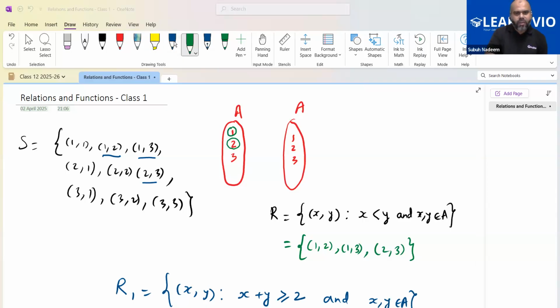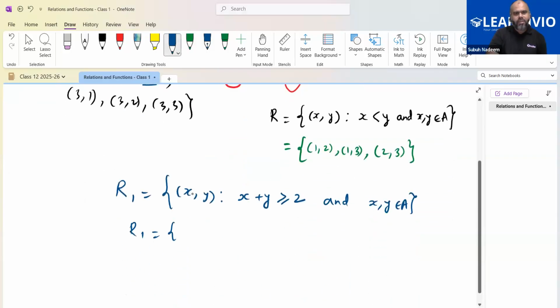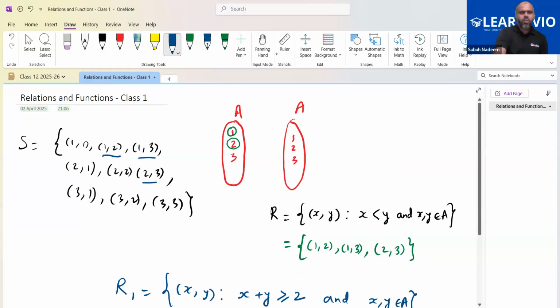Okay, so I hope you have written it. Now I want you to write this relation R1 such that x plus y is greater than or equal to 2. So if you see the elements here, what is happening is that if you add x and y, like 1 and 1, it will become 2.